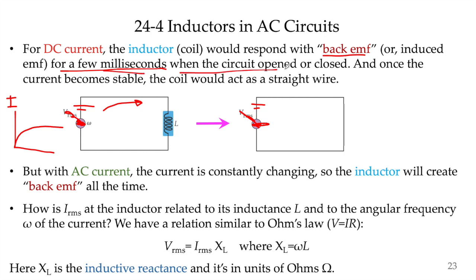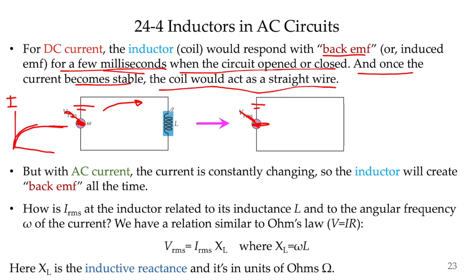When the circuit is opened or closed, and once the current becomes stable, after a couple of milliseconds, the coil would act as a straight wire. So in DC circuits, initially the coil reacts to this increase in the current, but it takes milliseconds, and after that point, the coil acts just like a wire.